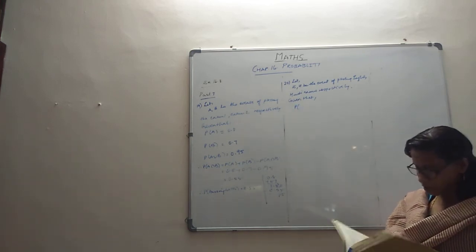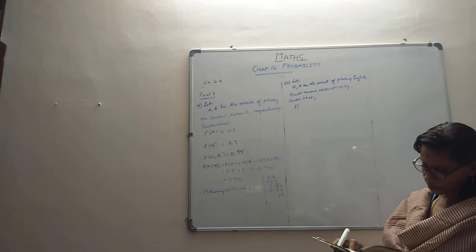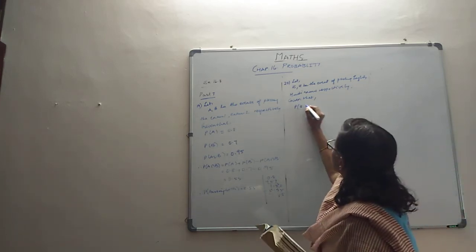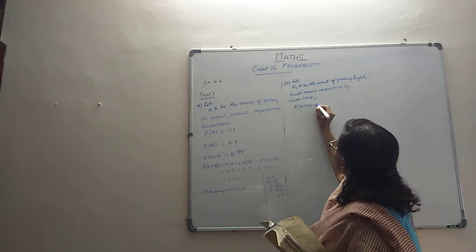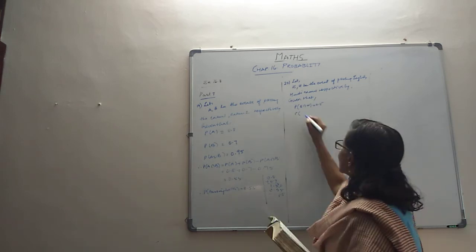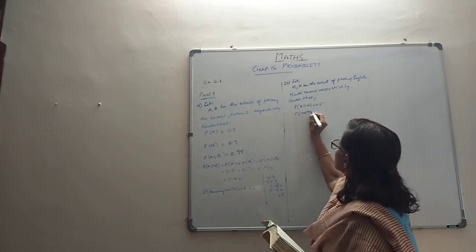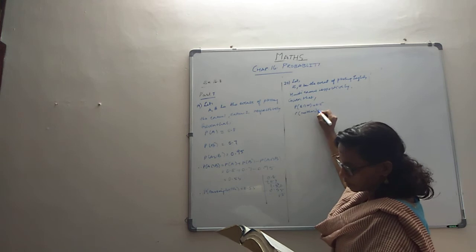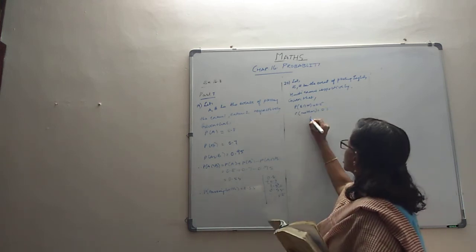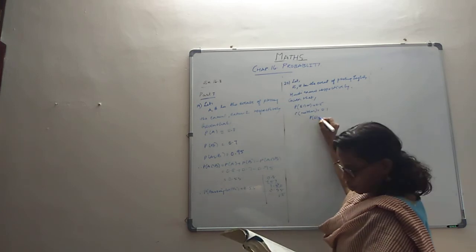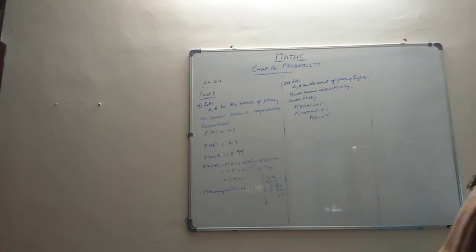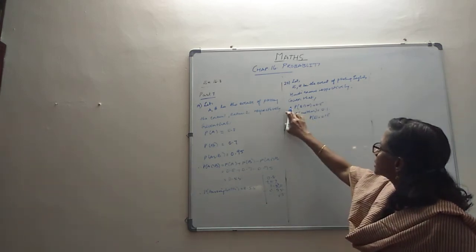First one, probability of both, English and Hindi, is 0.5. Then probability of passing neither is 0.1, and probability of passing English is 0.75.